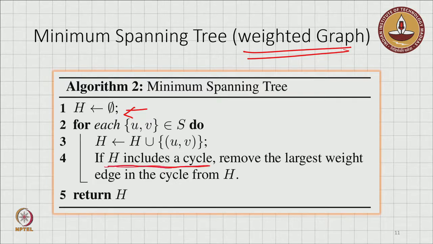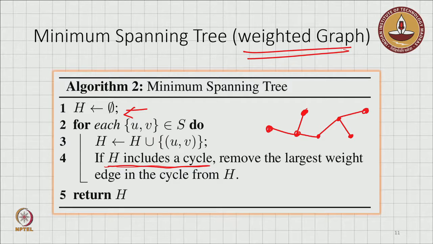Okay, if that created a cycle, then we need to be a bit careful now. So whenever a cycle is created and we want to maintain a minimum spanning tree, what we should do is in that cycle we can safely remove the largest weight edge. So let's say we currently have a graph that looks like this.